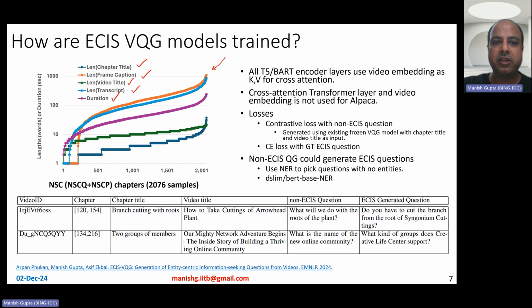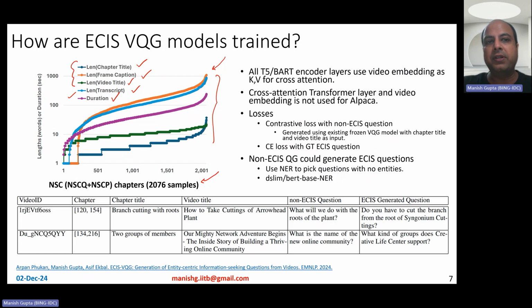And as you can observe, all of them follow a power law curve, right? On the y-axis, we show length or duration, depending on whether it is these things or the duration part. Duration is in seconds, length is in words. And as you can see, the data set is pretty good because it follows a power law, and most real world data sets follow reasonable power laws. Okay, so that's that.